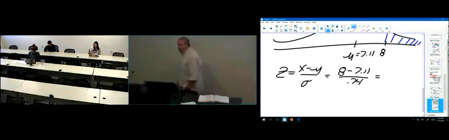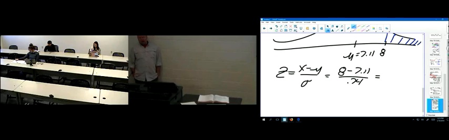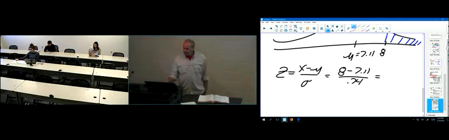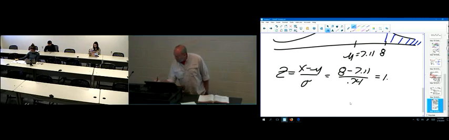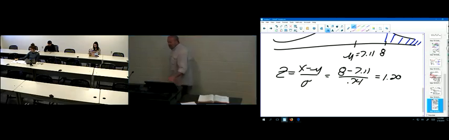Did anybody find a calculator yet? It's a little more than 1, but I'm going to need to know better than that. 1.20? Yeah, because remember, we always go to 2 decimal places because of the way my table works. So this is telling me that 8 is 1.2 standard deviations greater than the mean.